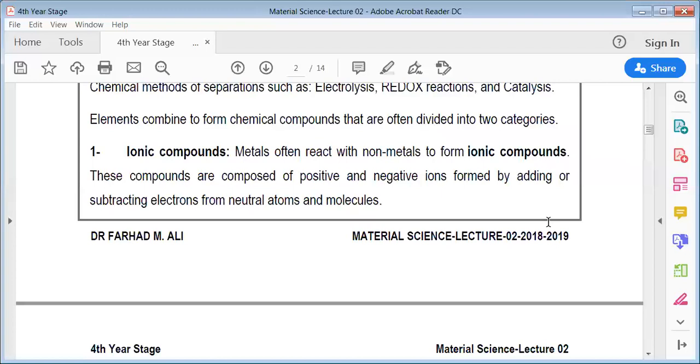So we have two ions having two different charges, and that's why they combine with each other, forming a bond called an ionic bond, and that's why we call them ionic compounds.